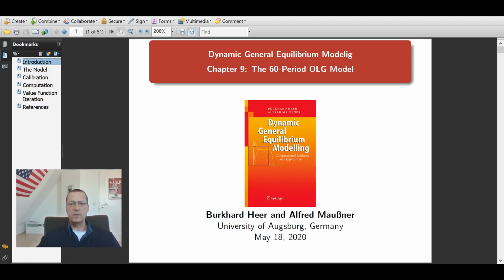Please load the slides for chapter 9.1 from the book Dynamic General Equilibrium Modeling into the computer and follow me through the slides here. This chapter is taken from the book that I've written with Alfred Maußner, Dynamic General Equilibrium Modeling, Computational Methods and Applications, in particular chapter 9.1.